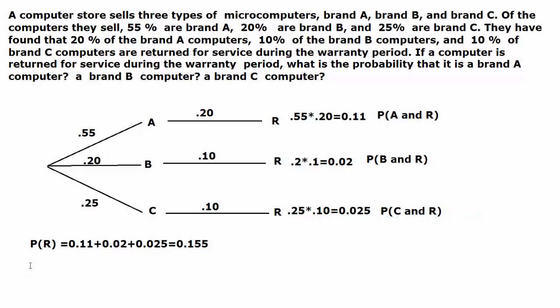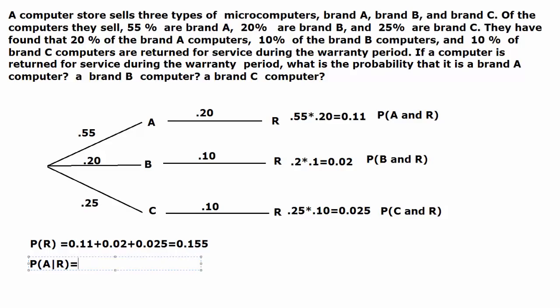So what do they want? Now they are asking us to find first the probability of A given R: if a computer is back for service during the warranty period, what is the probability that the computer is from brand A?